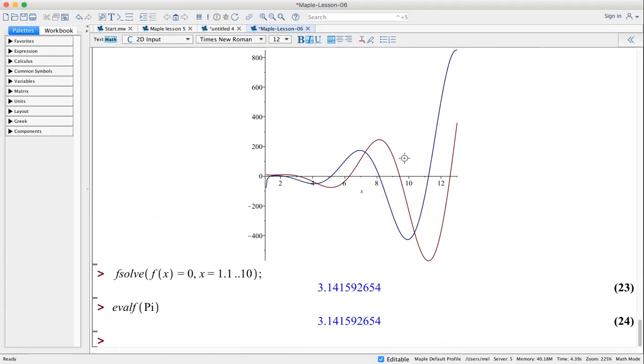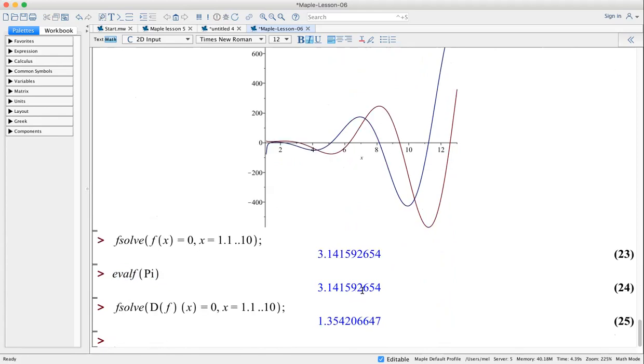What about the second derivative? I'm curious where the second derivative is 0. So there we want to solve the derivative of f at x is 0. And that's 0 at 1.34. I guess that's the point around there. It's also 0, sorry, it's the blue curve, somewhere between 5 and 6.